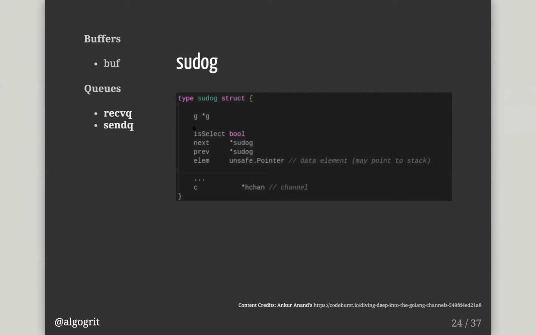It's a pointer. It's runtime information of which goroutine has called this channel and is trying to read from or write to this particular channel. This is what receive queue and send queue hold.